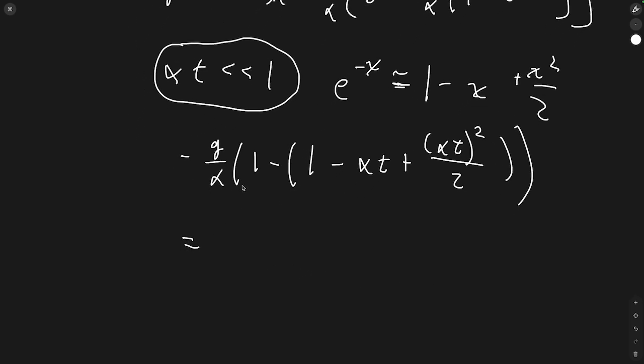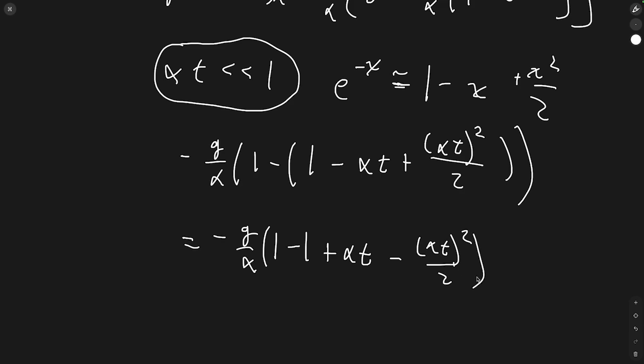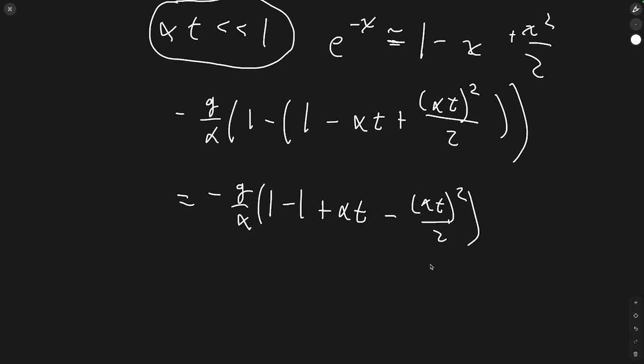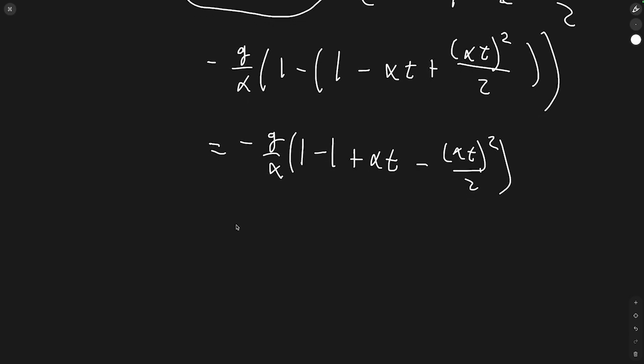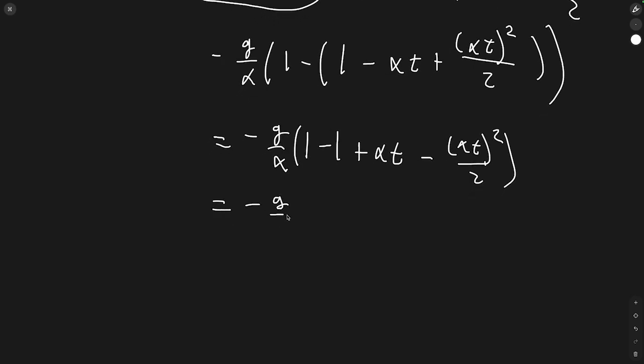And then this is going to be minus g over alpha times 1 minus 1 plus alpha t minus alpha t squared over 2. Minus g over alpha times alpha t minus alpha t squared over 2.